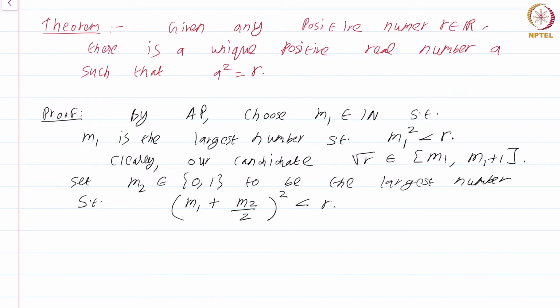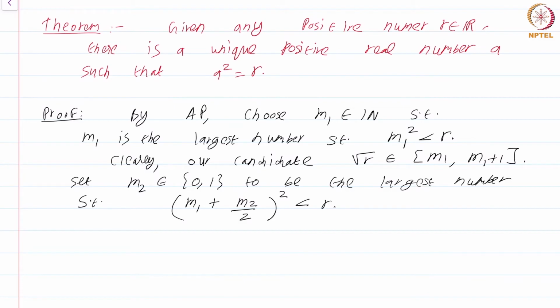The choices for m2 are 0 or 1. If m2 were to be 2, you would already get m1 plus 1 the whole squared, which we know is greater than or equal to R.